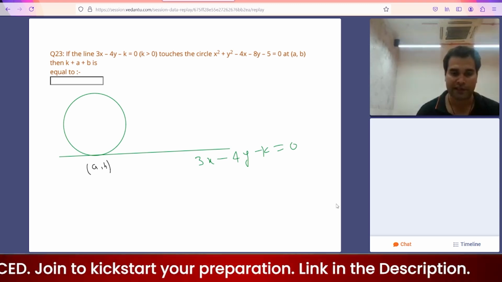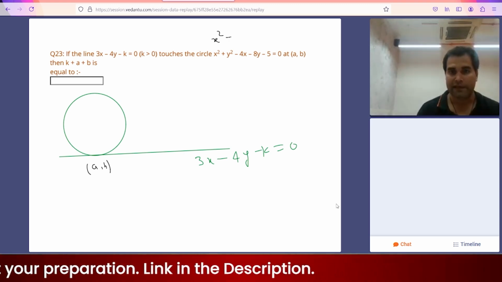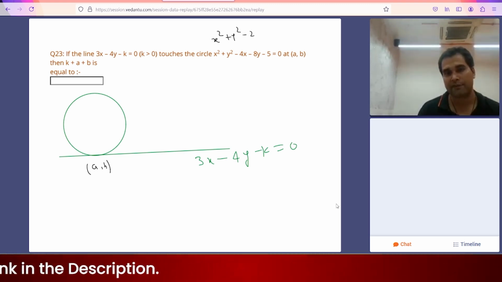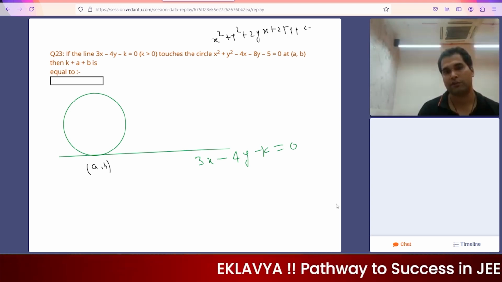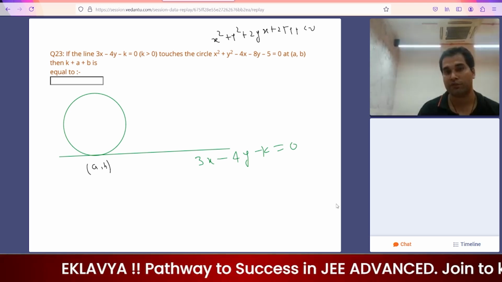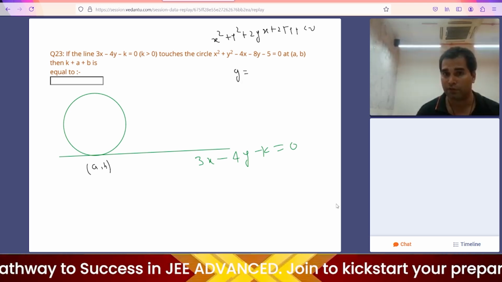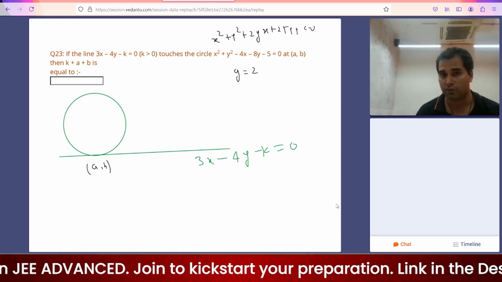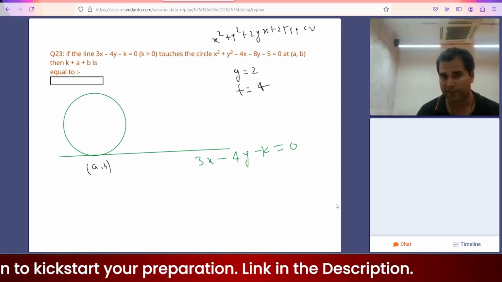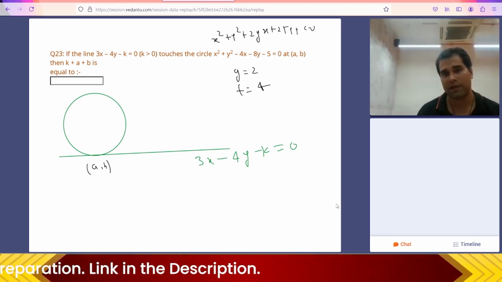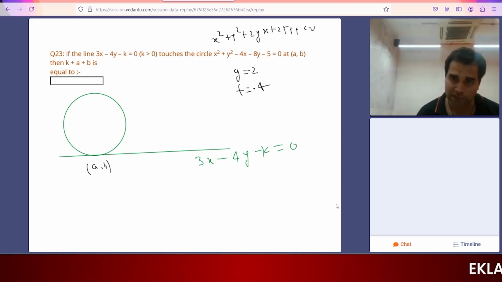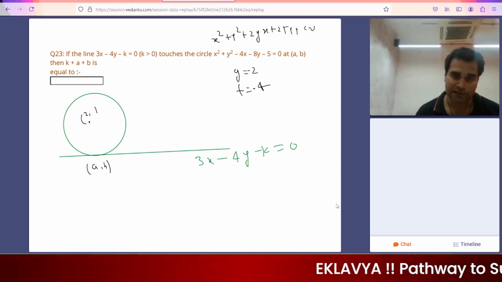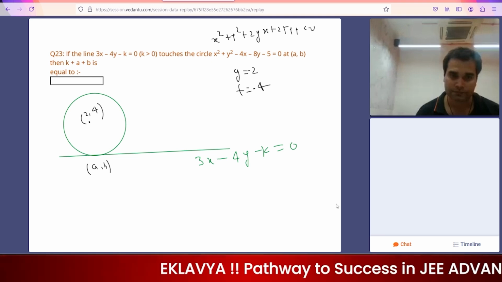Compare the circle equation with x square plus y square plus 2gx plus 2fy plus c equal to 0. Here 2g equal to minus 4, so g equal to minus 2, and 2f equal to minus 8, so f equal to minus 4. Here the center is 2 comma 4.